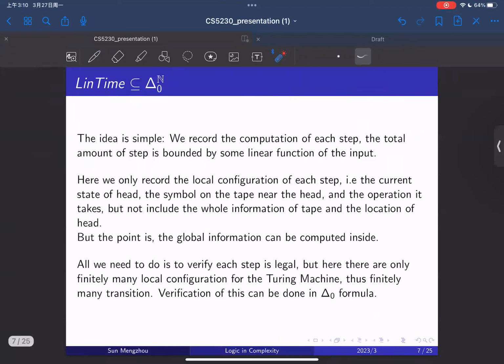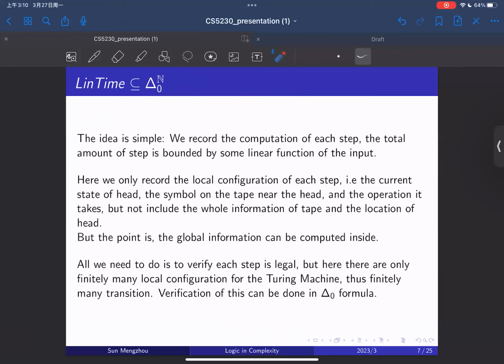We first deal with the first part, which means that linear time is a subset of the Delta 0 definable subsets. The idea is quite simple. We have a Turing machine M which runs in linear time. We want to describe its computation with a Delta 0 formula. And how are we going to do this?